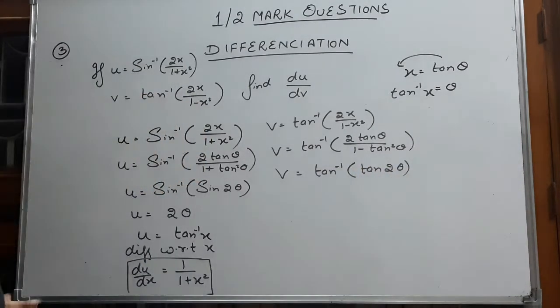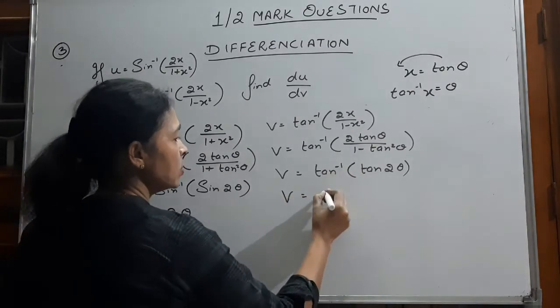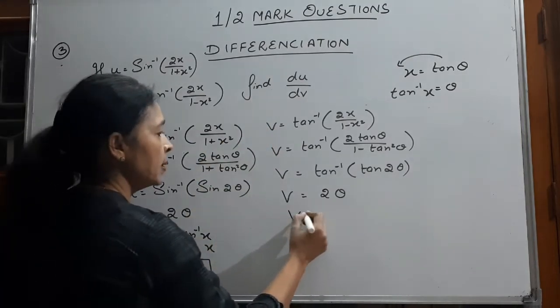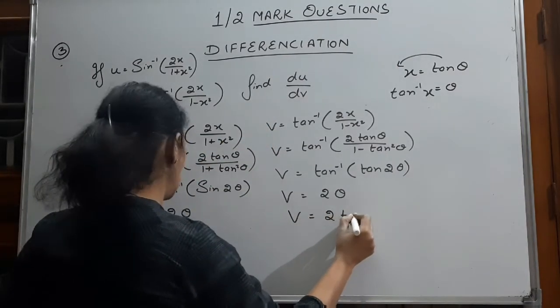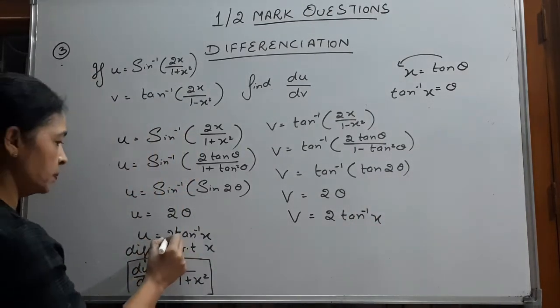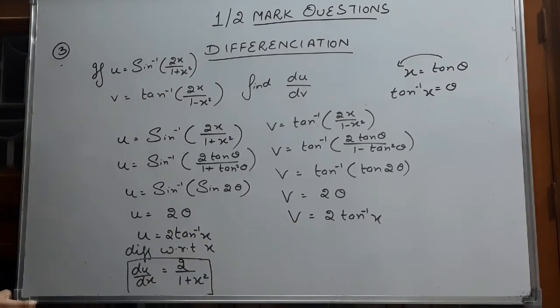And what is tan inverse tan theta? It is theta. Therefore, tan inverse tan 2 theta is 2 theta. And what is theta? Theta is tan inverse x, so v equals 2 tan inverse x.